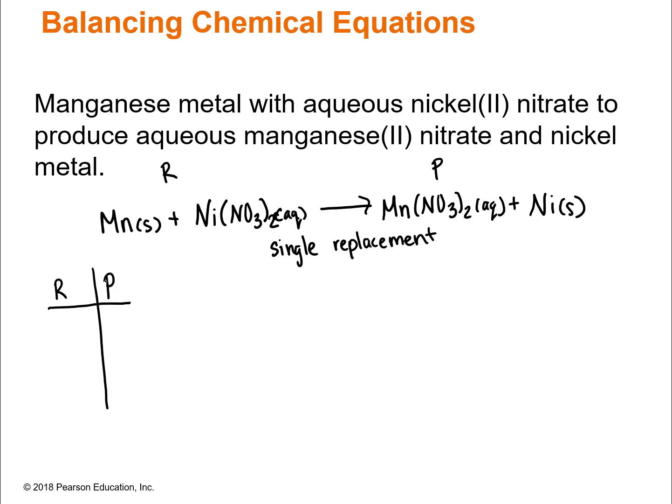And I list every atom that's in the chemical equation. So we've got manganese, nickel. I'm going to list the nitrate ion as its own thing. Don't need to break up the nitrogen and the oxygen because we see nitrate on both sides.